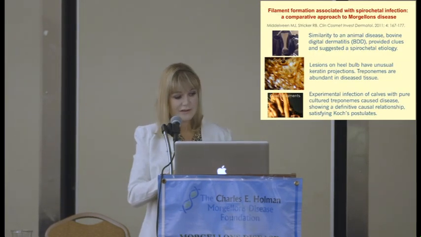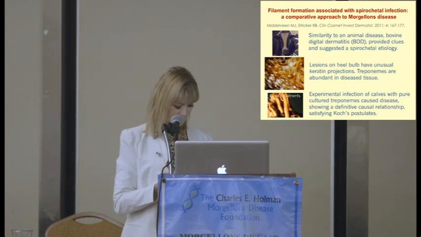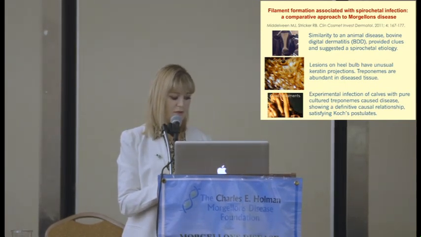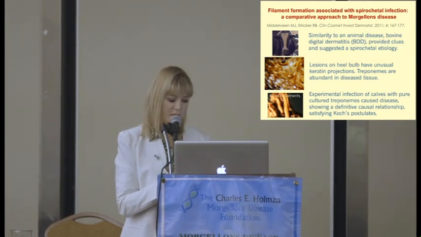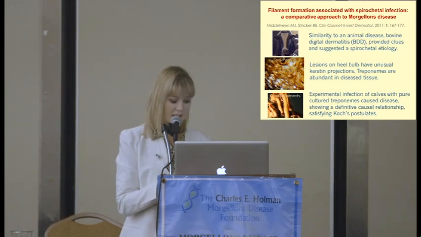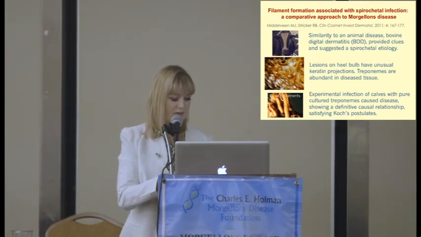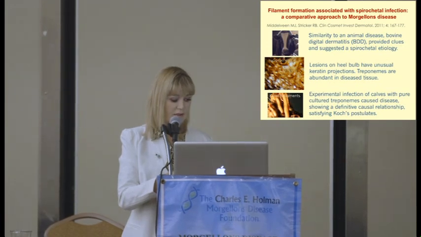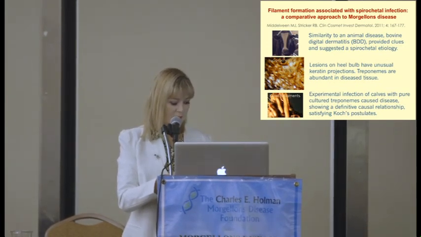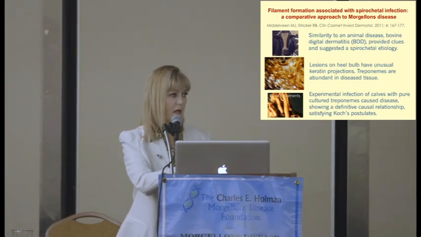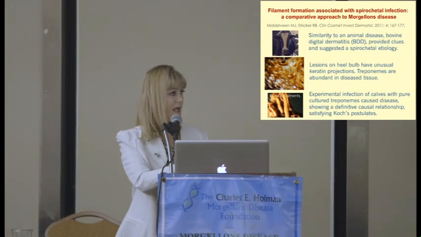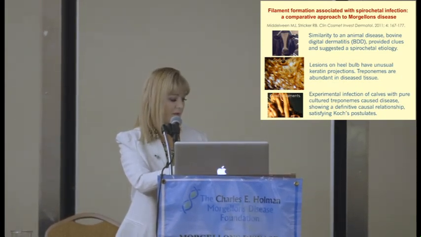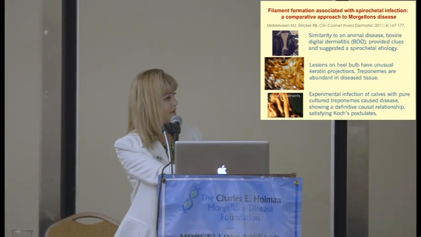Here's another analogous animal model. There are similarities between Morgellons, which is seen in humans, and the animal model bovine digital dermatitis, which is seen in cattle. This strengthens the evidence of a spirochetal relationship for Morgellons. The cattle have lesions above the heel bulb, and those lesions have unusual keratin projections. The tissue is infected with spirochetes called treponemes, and you can see the infected tissue with all the little black squiggly spirochetes in it.